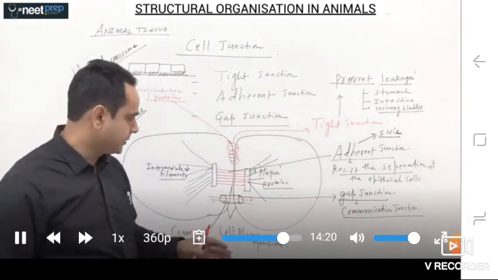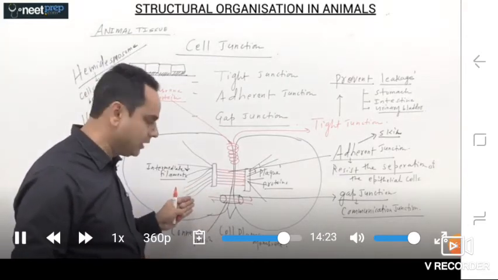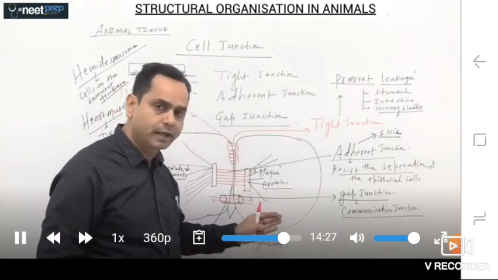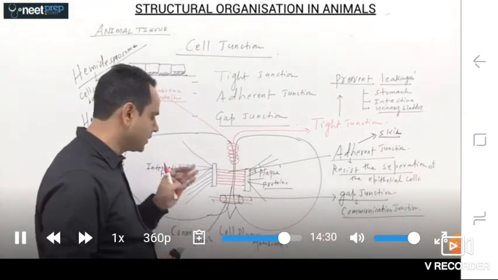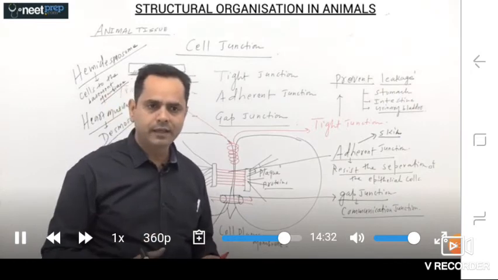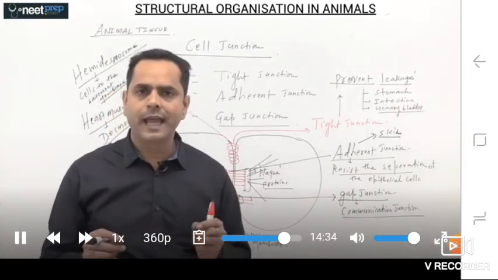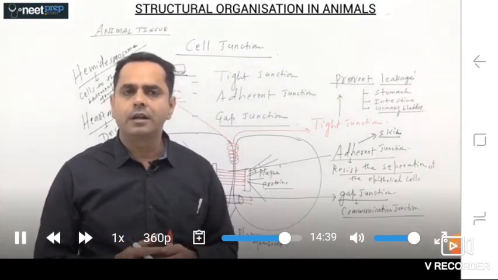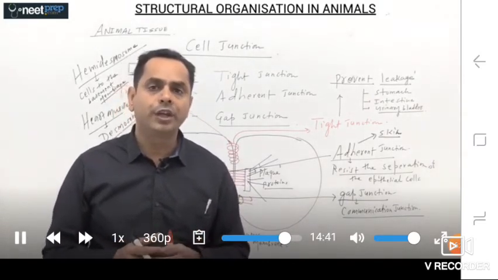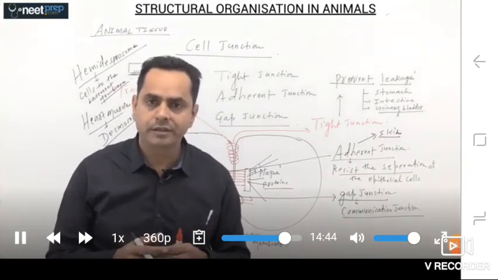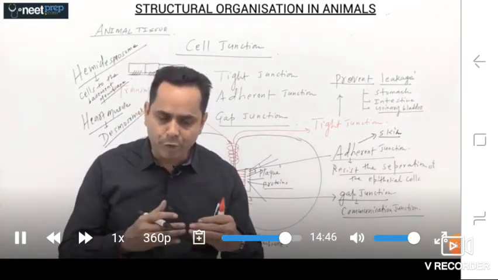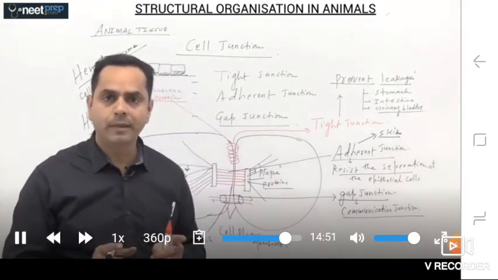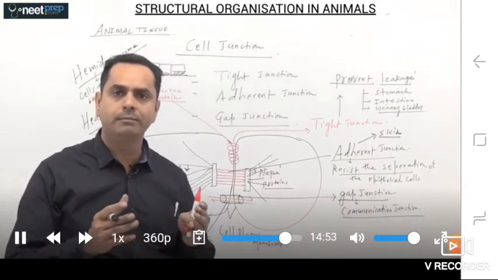Some substance that is more in cell A will transfer to cell B, and similarly the substance that is in more amount in B will transfer to cell A. So we can say communication junctions or gap junctions provide intercellular communication. It is also called communication junction, and that is for mutual exchange of large and small size molecules to maintain chemical homeostasis or chemical balance.